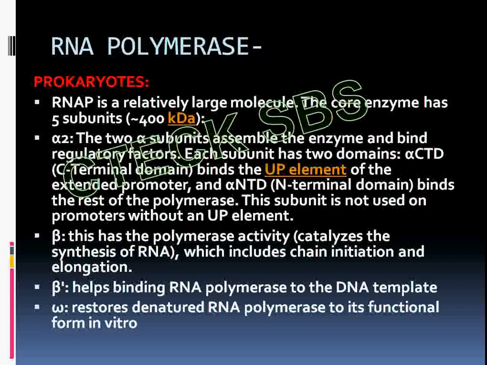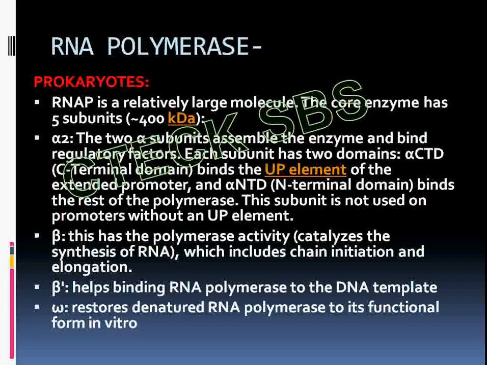Now, since the DNA was replicated by DNA polymerases, RNA is synthesized by the use of RNA polymerases. This RNA polymerase is a holoenzyme which consists of 5 subunits: alpha, alpha 2, beta, beta dash and omega. Alpha 2 and alpha are the 2 alpha subunits which bind to regulatory factors.